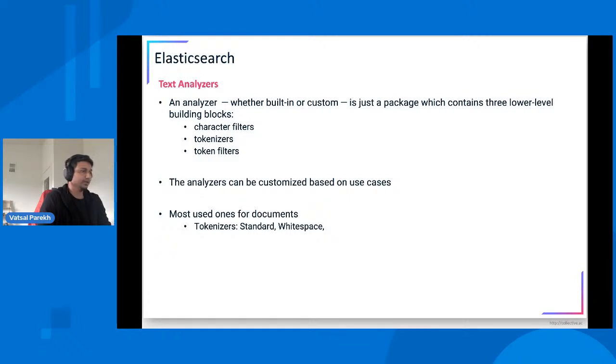Standard would remove all the punctuation from the text. Token filters like ASCII folding change accented Latin characters to normal ASCII. Stemmer: Praveen already showed an example of stemmer. Synonym handles synonymous words, so you want to match on both of them when you search. Lowercase is straightforward, it lowercases everything.